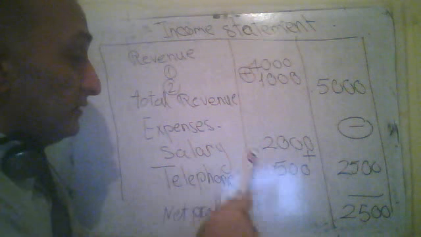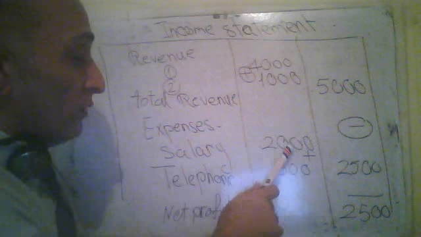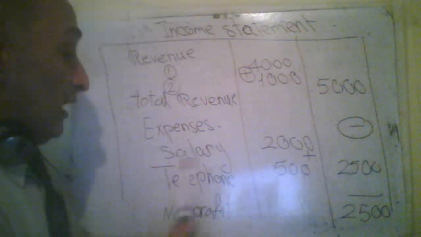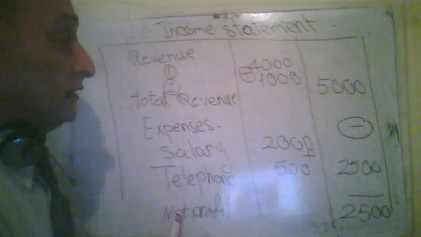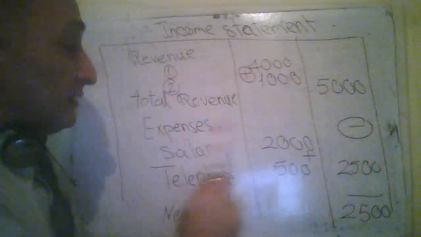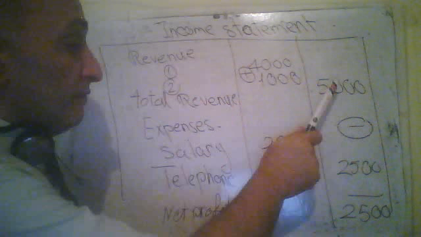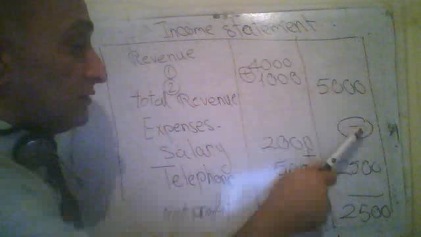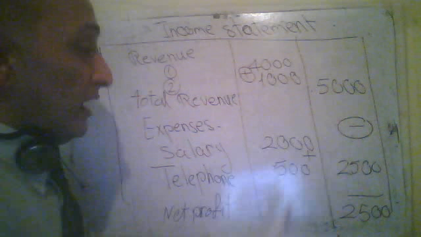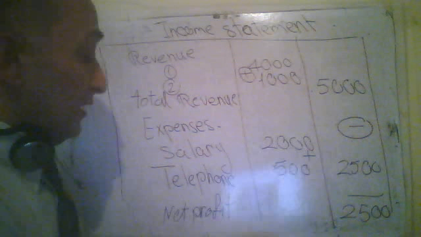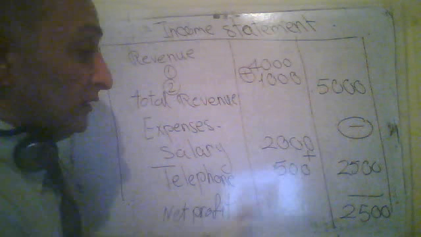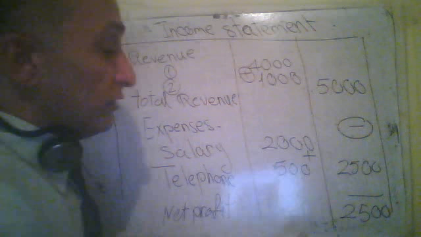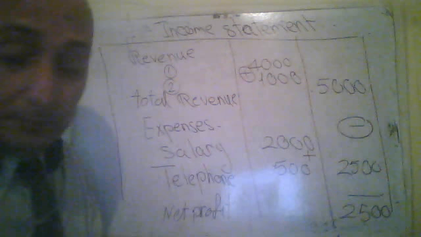Total expenses $2,500. And I have net profit, revenue minus expenses, 5,000 minus 2,500. I have net profit 2,500. Okay?